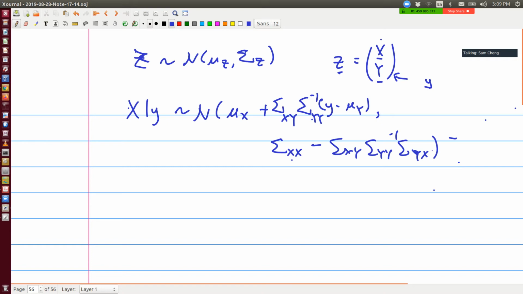For example, this is 5 dimensions here. You have 3 dimensions from y, 2 dimensions from x, right? So after this part you still have 3 dimensions, then you shift from y, these 3 components, to the first 2 components.